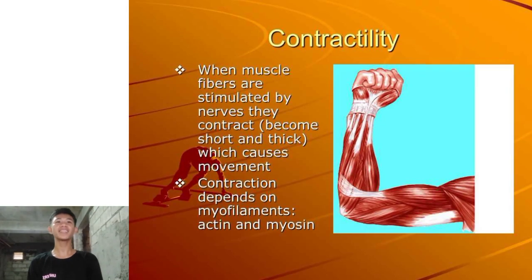The second, contractility. Skeletal muscle cells contract when stimulated by neural input. Smooth and cardiac muscles do not require this input. When a muscle cell is excited, the impulse travels along various membranes of the cell to its interior, where it leads to the opening of calcium channels.